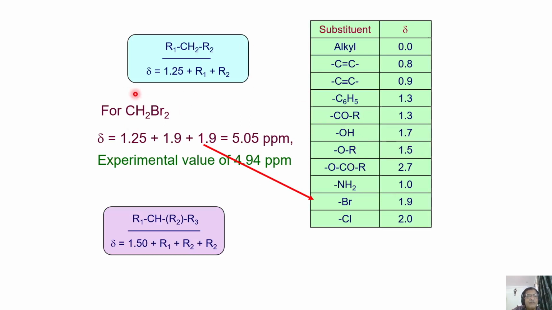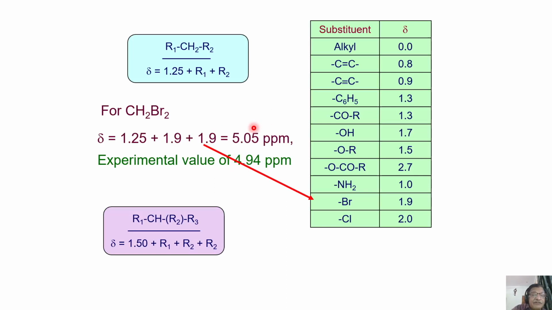Now take the example of CH2Br2. There are two bromines attached. Take the base value of 1.25. For each bromine it is 1.9. For two bromines, R1 and R2 on either side, 1.25 plus 1.9 plus 1.9, you add up, you get 5.05 ppm.